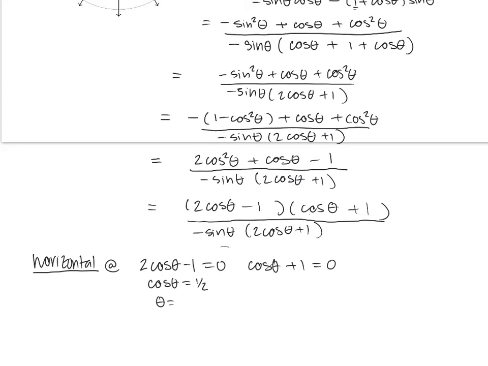And between 0 and 2 pi, what angles does that happen? Pi thirds. And I think 5 pi thirds. Yeah. Because it's over here and over there, right? How about cosine theta equaling negative 1? Pi.